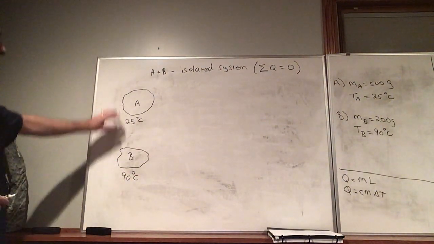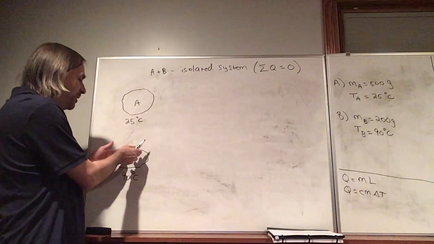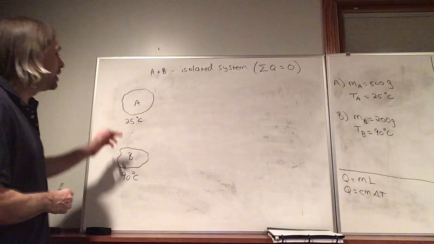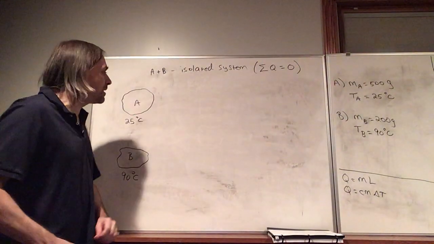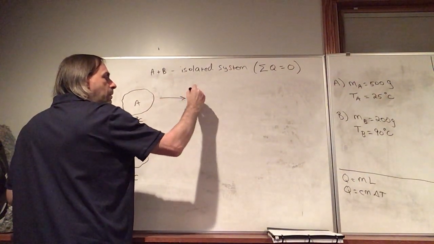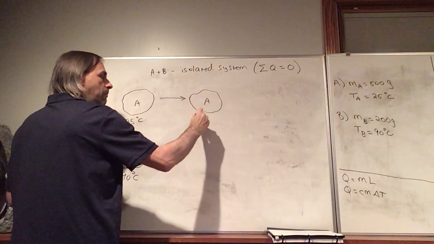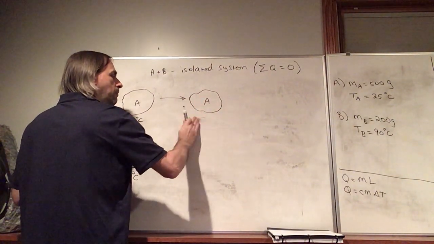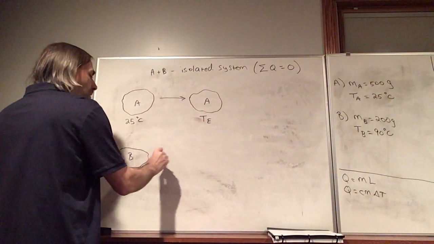Okay, so we mix these two things. And obviously what's going to happen is heat is going to flow from B to A. So A is going to warm up, B is going to cool down, but they're going to meet at some equilibrium temperature. And we know that this temperature they're going to meet at, here we'll call that TE for equilibrium.